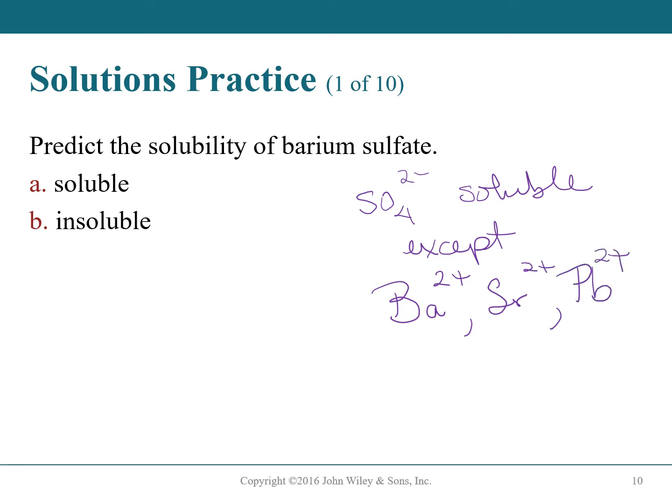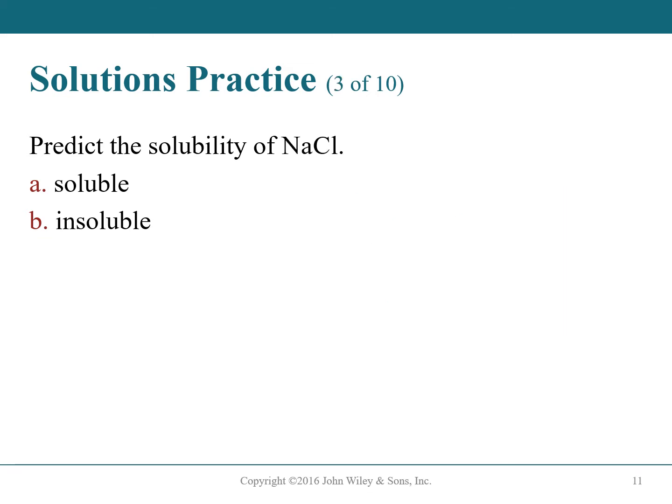And because we have barium as my cation, we're going to have to say that it's insoluble, because that's an exception right here. All right, what about sodium chloride? Well, anything that has a cation of a sodium ion is always soluble.